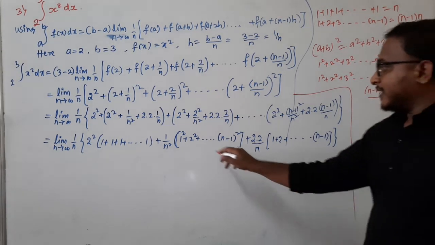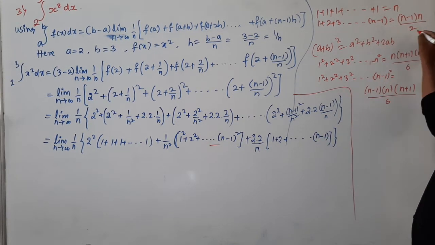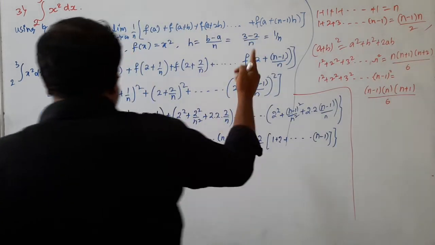Now in place of this you have to substitute this formula. In place of this one you have to substitute n minus 1 into n divided by 2. In place of this we have to substitute n.